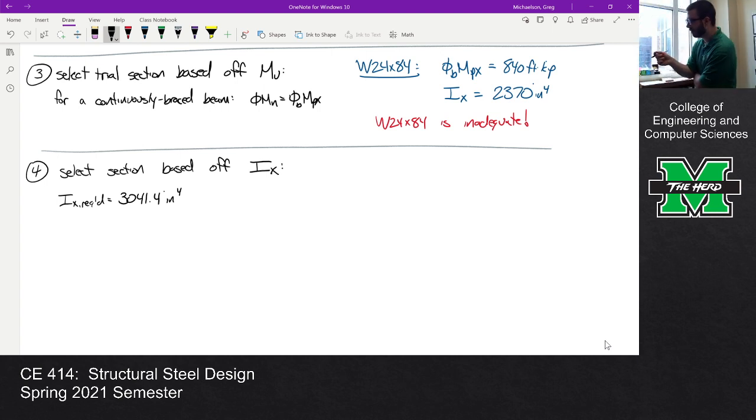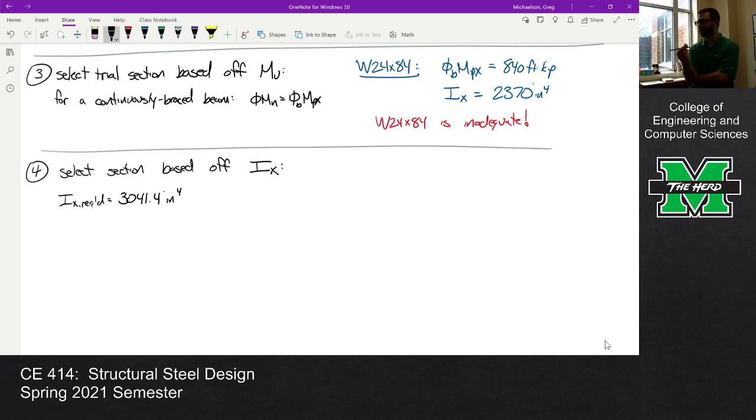There you go. But what's the bold row? The bold row is a W30 by 90. It only weighs 90 pounds per foot. The W18 by 158 weighs 158 pounds per foot.